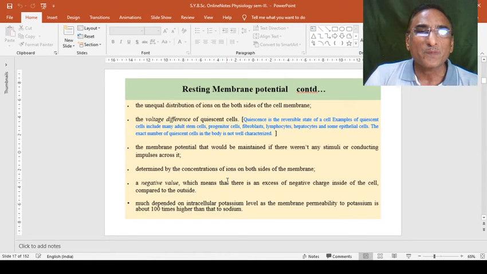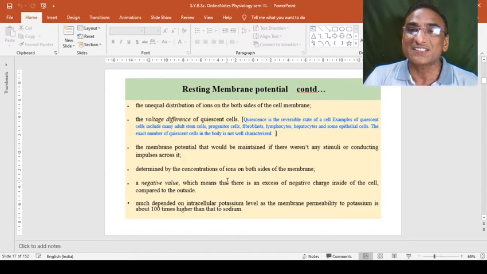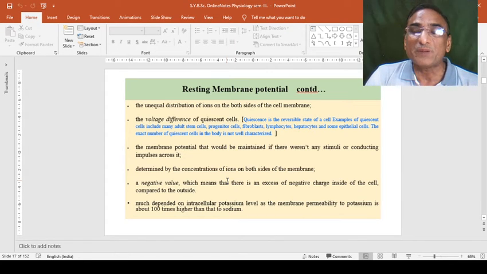Examples of such cells include stem cells, progenitor cells, fibroblast cells, lymphocytes, hepatocytes in the liver, and some epithelial cells, because these maintain their resting membrane potential as per the availability of the ions and the voltage difference in the cells.